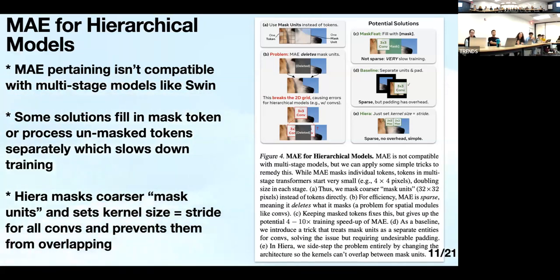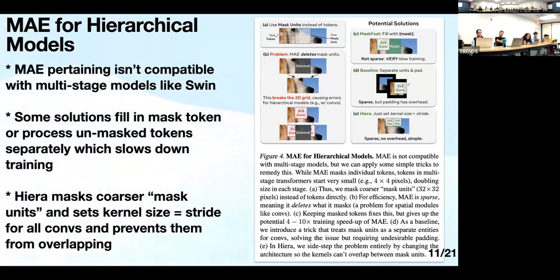But it still has the padding, which is still causing an overhead. But Hiera says that they just want to set the kernel size equal to the stride, so that it's sparse and there's no overhead.